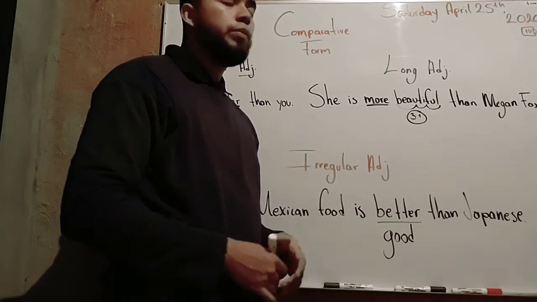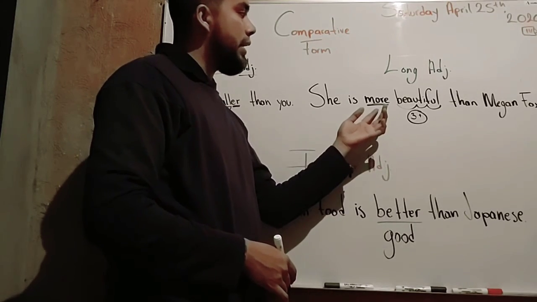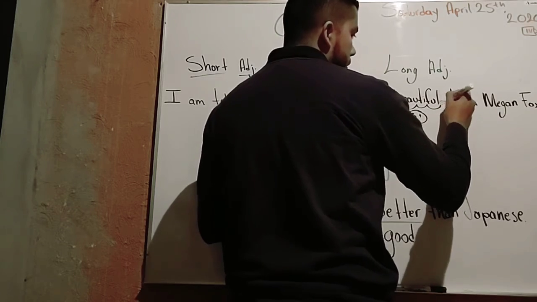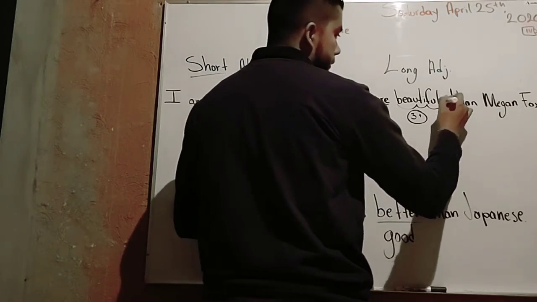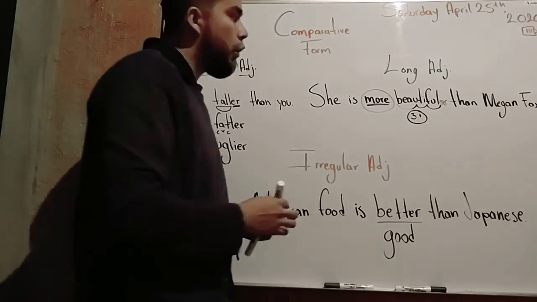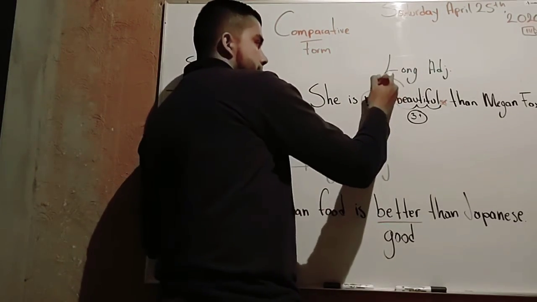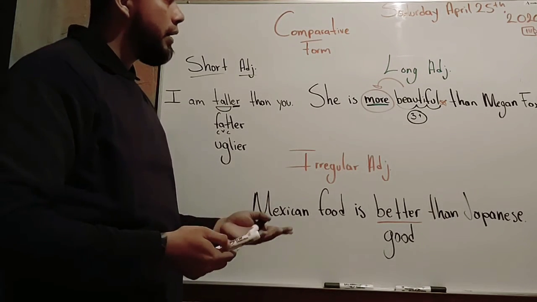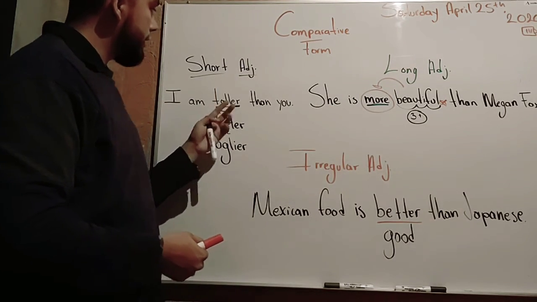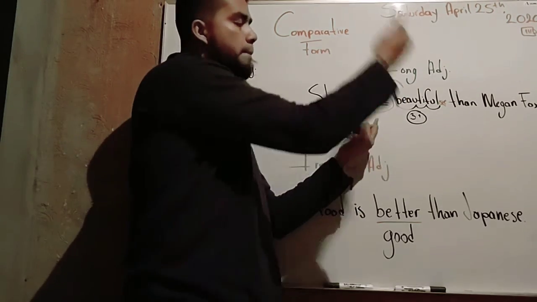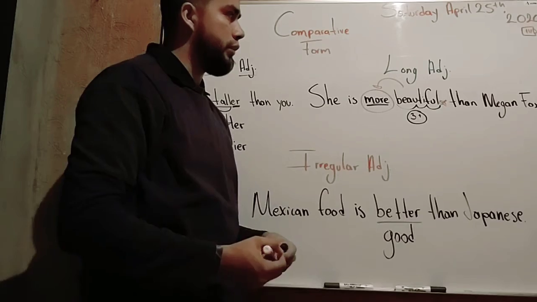My adjective is beautiful, but I'm not going to add er, "beautifuler." No, that's not correct. We're going to use more before my adjective. Yeah? So, short adjectives, er; long adjectives, more before my adjective.